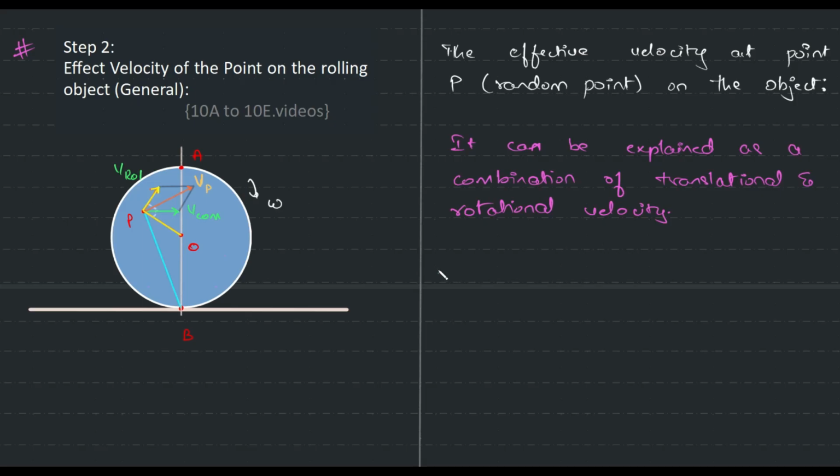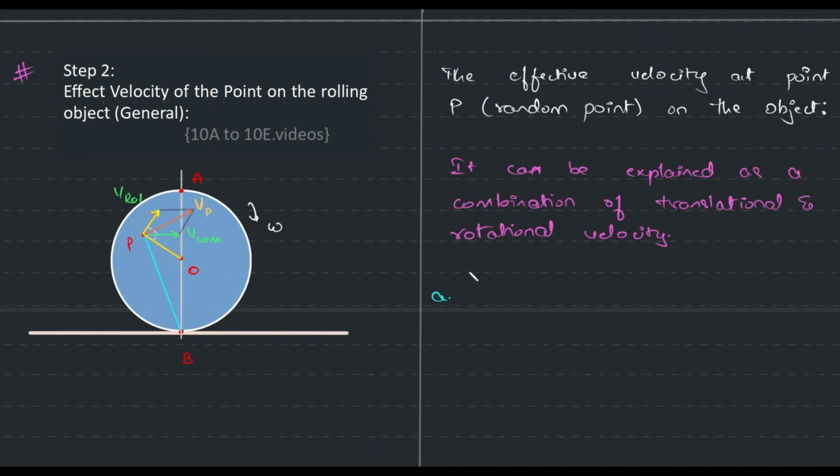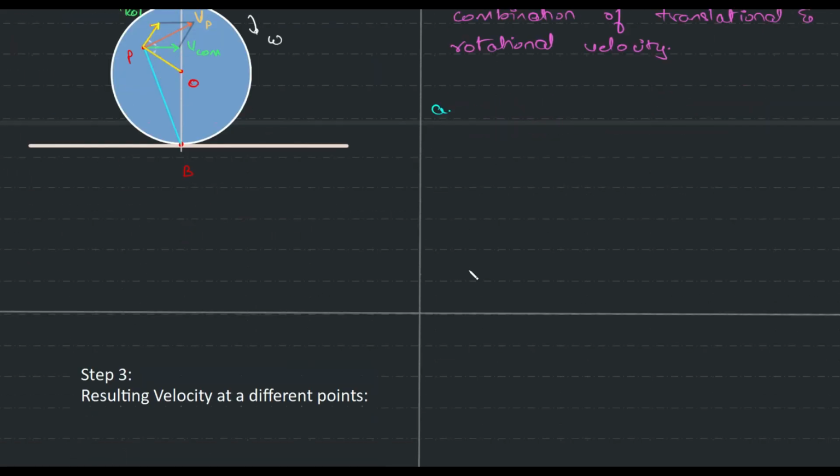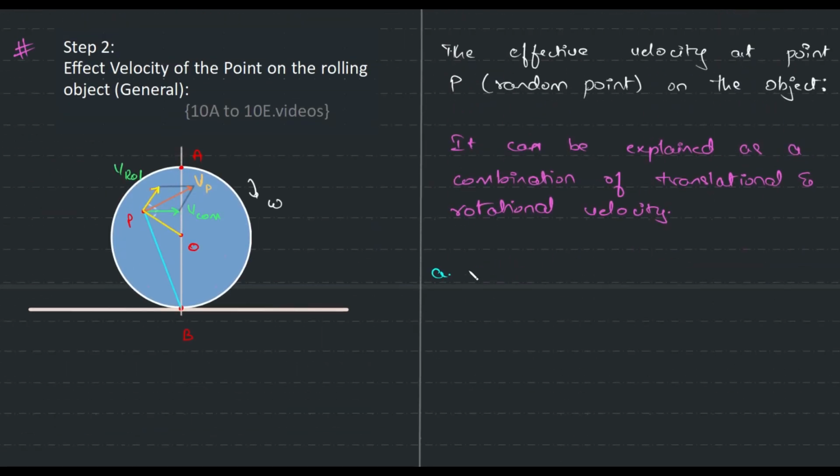Okay, so first we'll start off with, I hope I have space. Resulting velocity at different points. I'll try to fit in translational velocity. I don't have space, or I can do it over here also. Chalo, I'll do it here. Vt is equal to the same as V center of mass, and that is R omega.